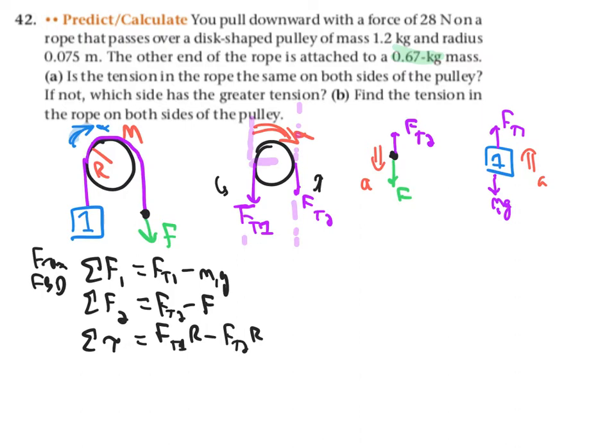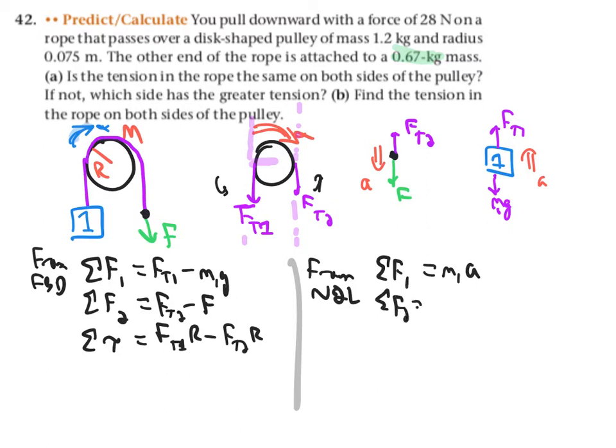That's from the diagram. And then, from Newton's second law, the sum of the forces on 1 is m1 a. And the sum of the forces on 2 is, and this is the interesting bit, 0 mass times minus a, or 0.